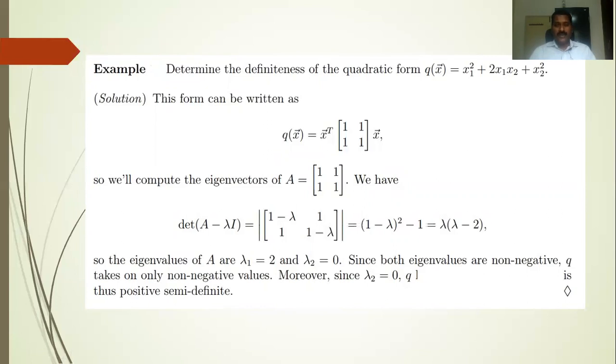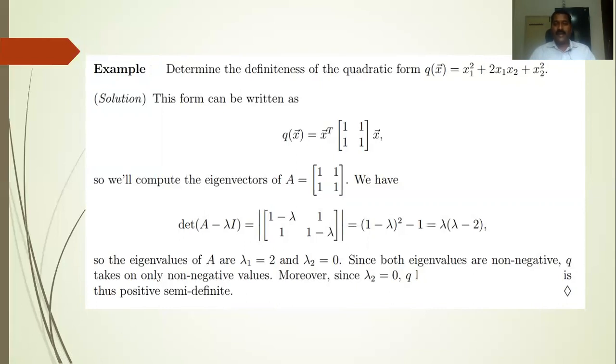We know a quadratic can be written in matrix form as x^T A x, where x is a column matrix of the variables involved. The variables involved here are x1 and x2, and x transpose is x1, x2 along a row, times the matrix of the quadratic form, which is a symmetric matrix, times x, which is x1, x2. We pick this symmetric matrix, and we'll find its eigenvalues.